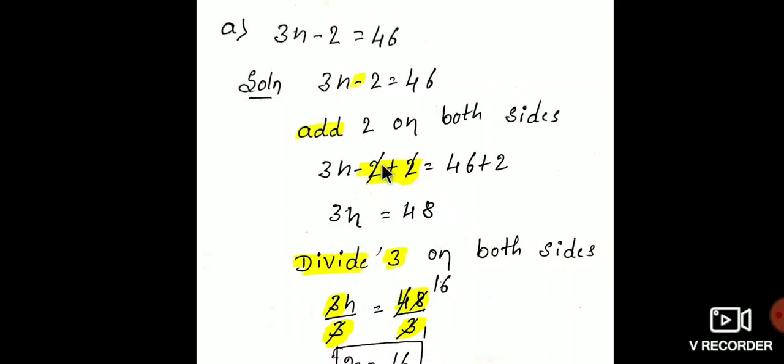Therefore minus 2 plus 2 get cancelled. 3n is equal to 46 plus 2, that is 48.